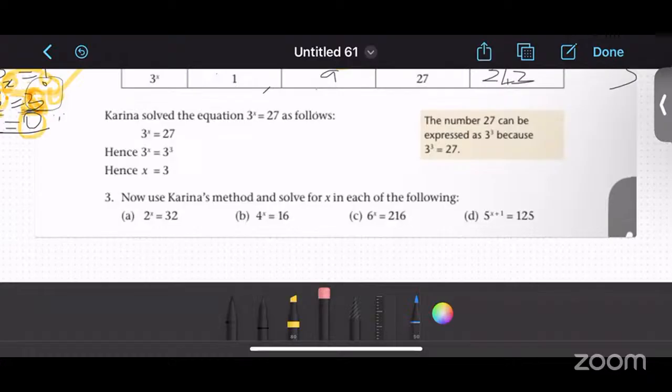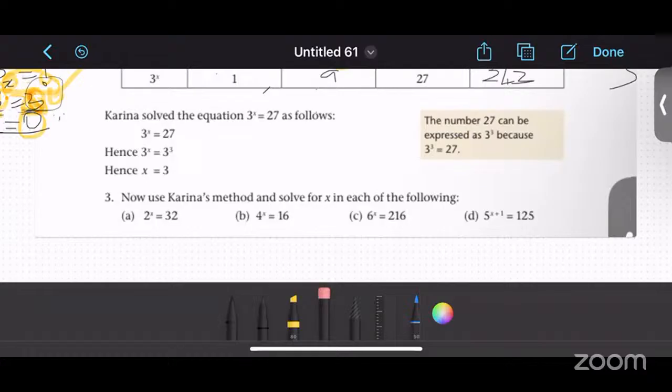What is the first thing that we should do or need to think about? We can square cube the 32.